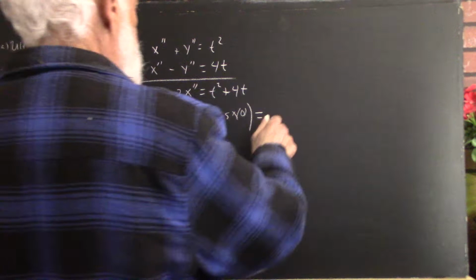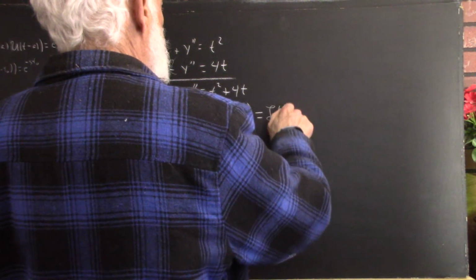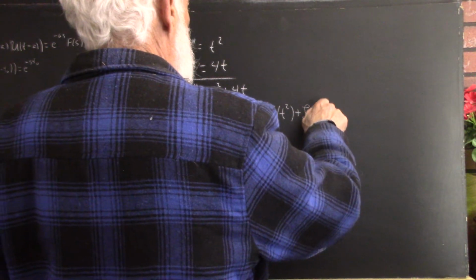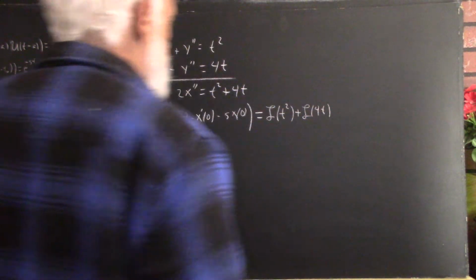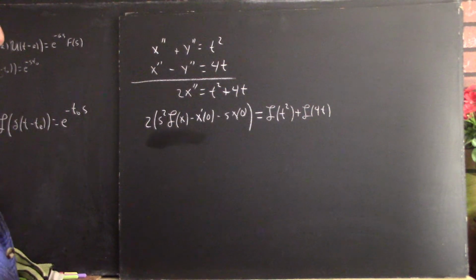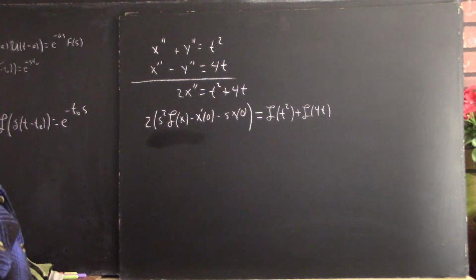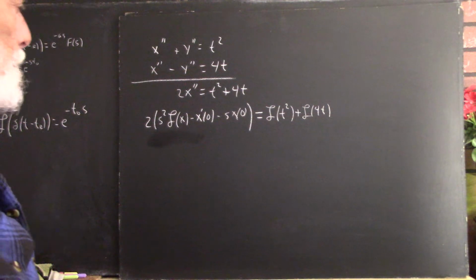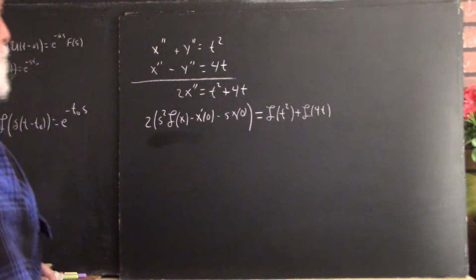That's the Laplace transform of t squared plus the Laplace transform of 4t. And those are easy Laplace transforms.